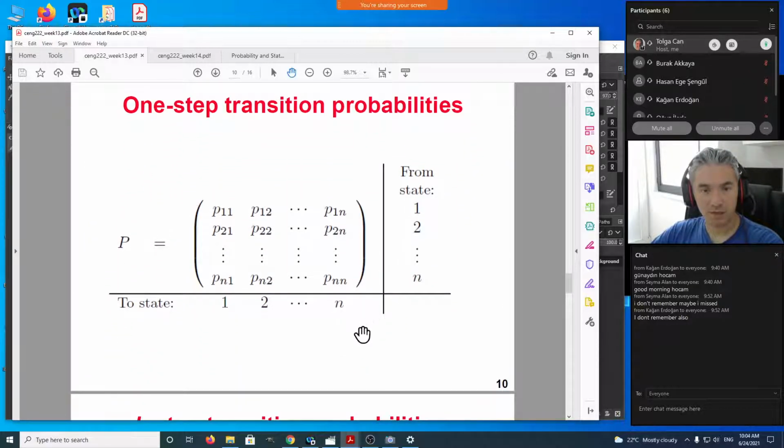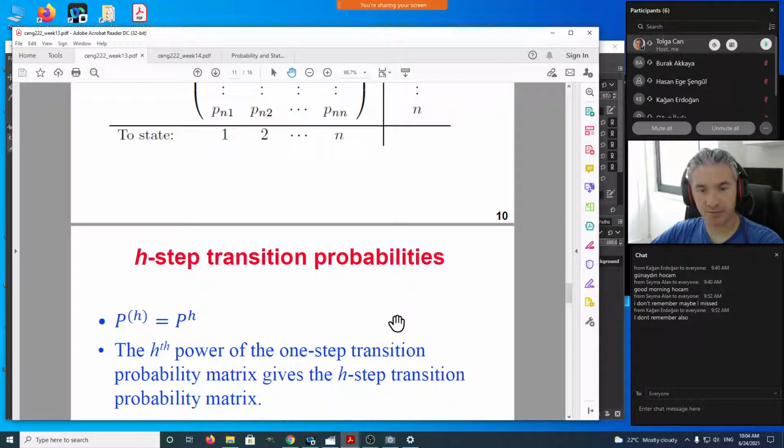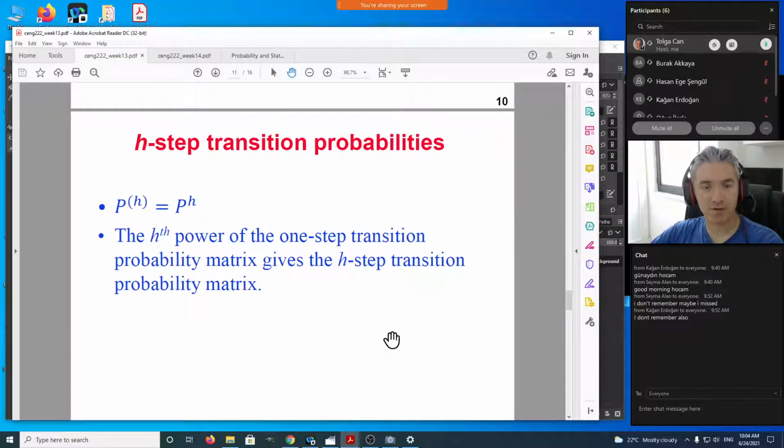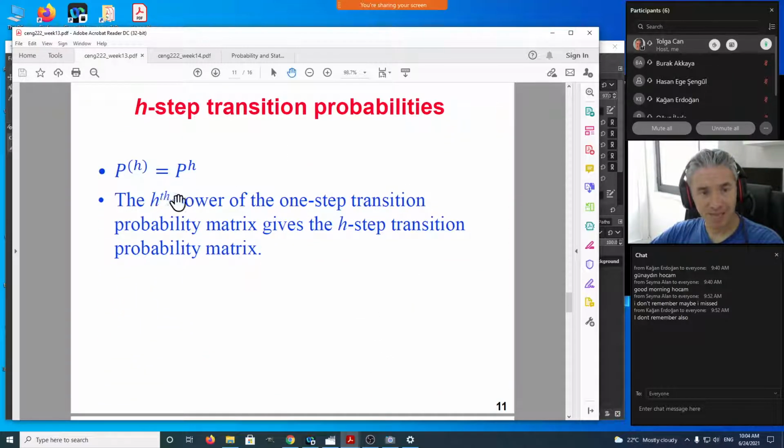So we have mentioned one-step and h-step transition probabilities. We have talked about those. The h power of the one-step transition probability matrix gives the h-step transition probability matrix. And I mentioned its relationship with paths on graphs.